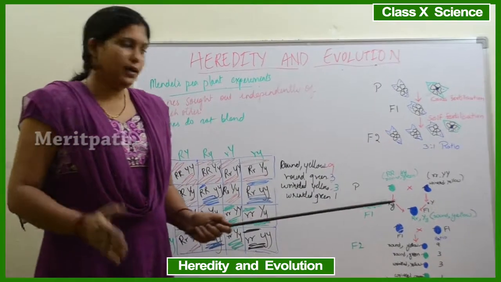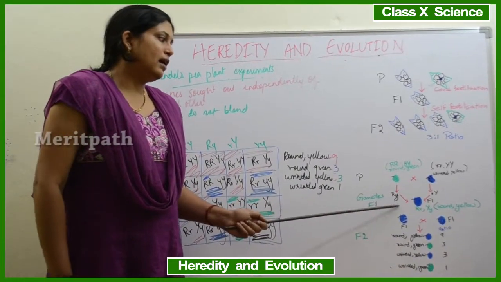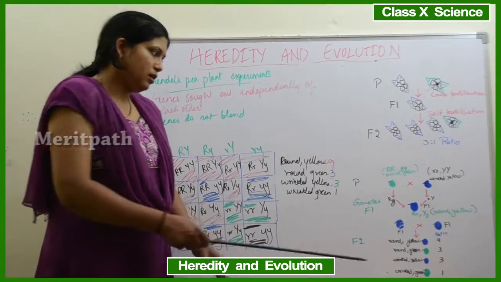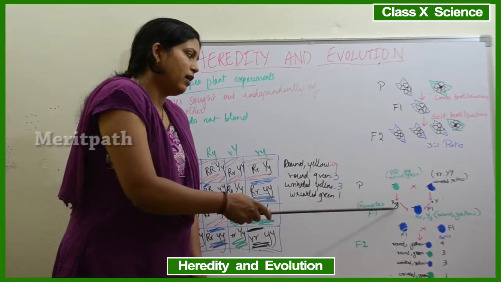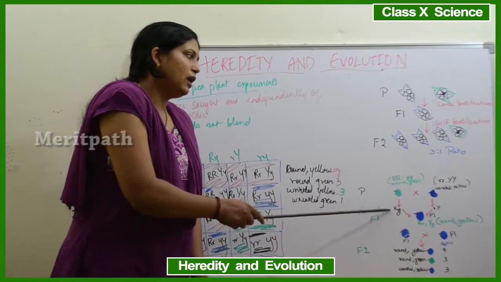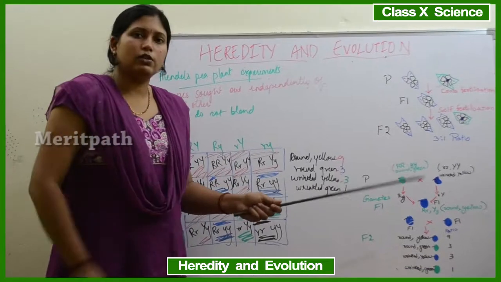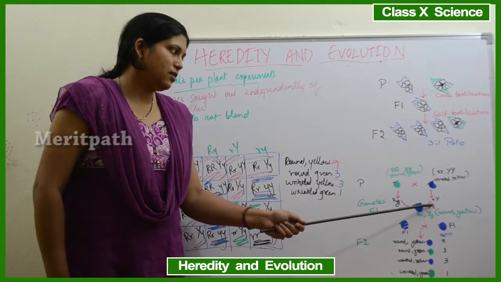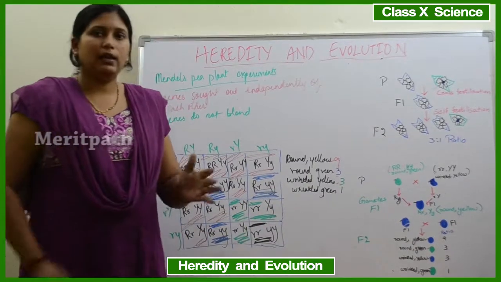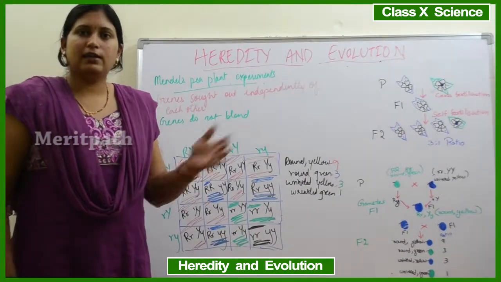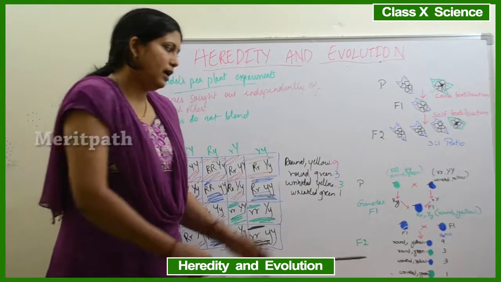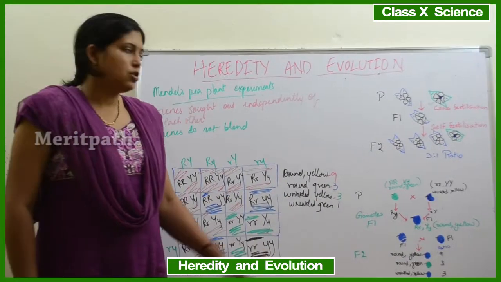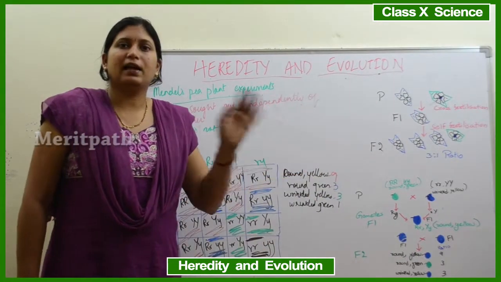He cross-pollinated them. So what did he get in the F1 generation? He got capital R small y, that is round and green. And what was the next? He got small r capital Y, that is wrinkled and yellow, when he self-pollinated this hybrid generation. So what did he get in the F2 generation? So what Mendel did, he took a dihybrid cross.